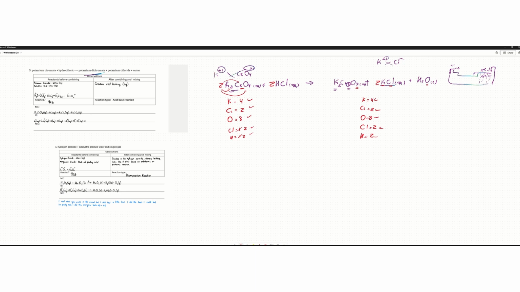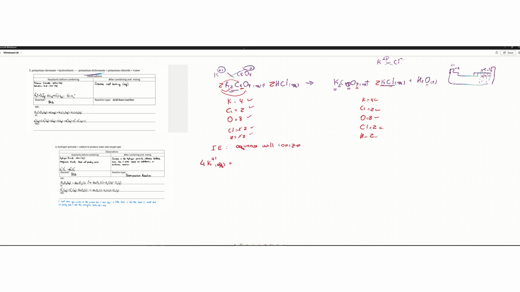Now I'm going to write down the ionic reaction. Remember, only aqueous will ionize. In this case, it's all aqueous over here, right? So I have 2 times 2 is 4. The charge of the potassium is +1, right?